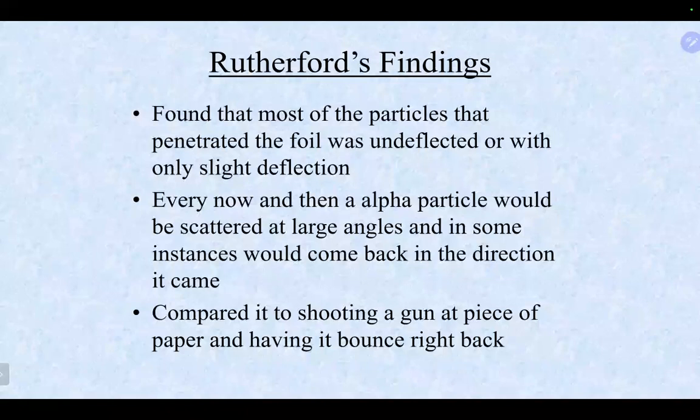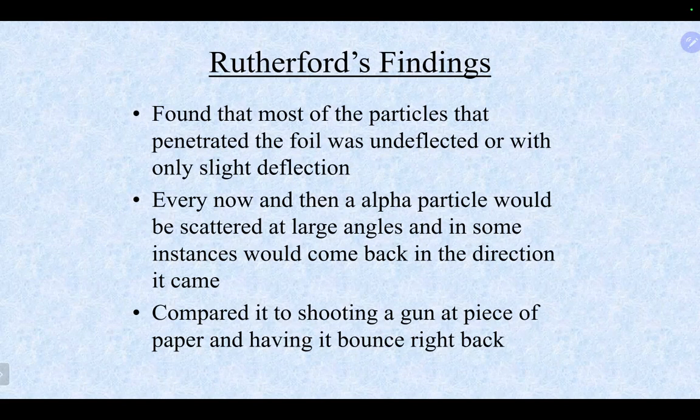But in order to make those alpha particles, which are heavy, really positively charged and moving really fast, bounce off at really, really large angles, they had to hit something that was very, what type of charge? Yeah, they had to hit something that was very, very densely positively charged to make those alpha particles bounce off at those really large angles.